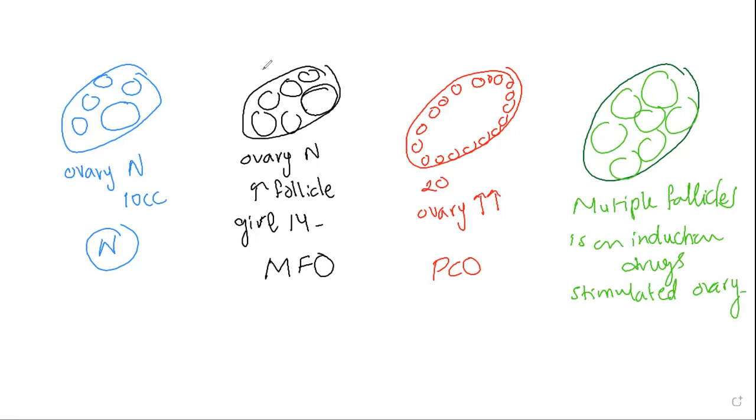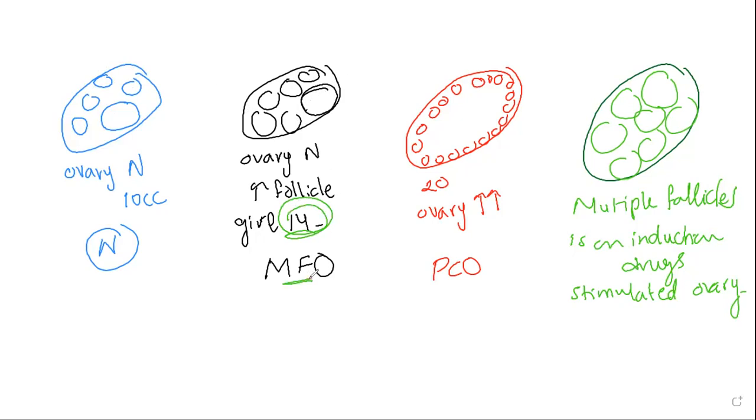So all of these appearances, the ovary has multiple follicles, but here the ovary is normal in size, and she has some follicles. One of them is large. This is normal. Here the follicles are enlarged, but she's around the age of menarche, and the ovary itself is normal.